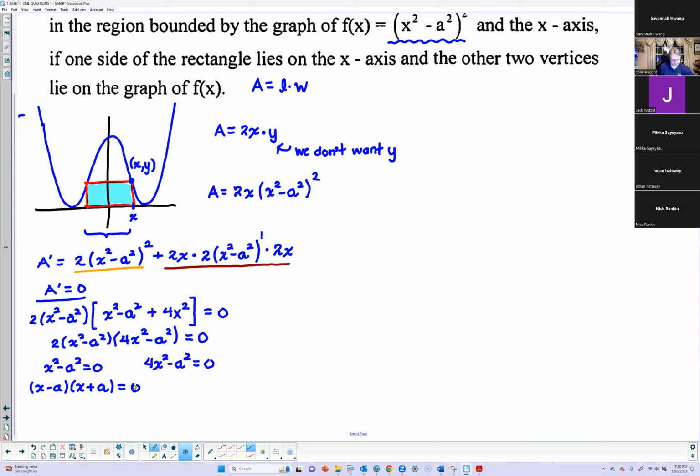Maybe you wouldn't forget it. But either way, you're going to get x as positive a or x as negative a. And then over here, 2x minus a, 2x plus a, set equal to 0. And that's going to give you x being what? A over 2 or possibly negative a over 2. Okay?